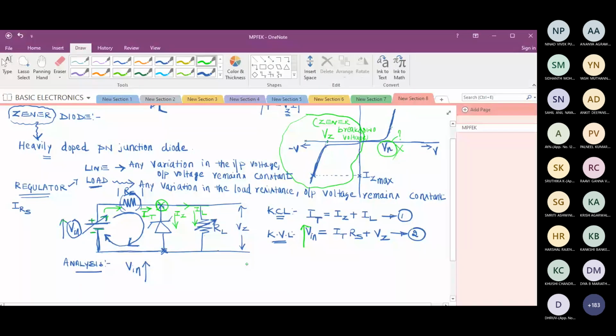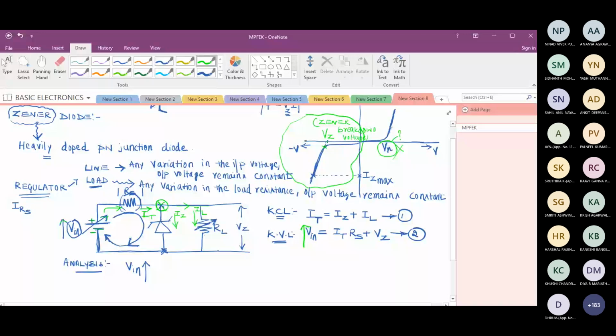IT will increase. ITRS will increase. What about VZ? VZ will remain constant. So if V in increases, VZ is constant because the diode is conducting. I'm assuming the diode is conducting. It is in breakdown region. So what increases is the IT part.